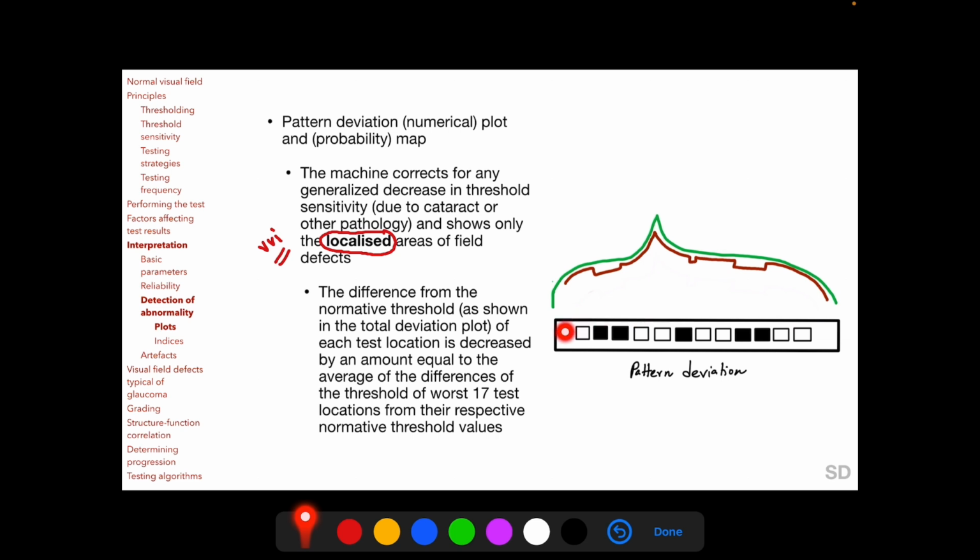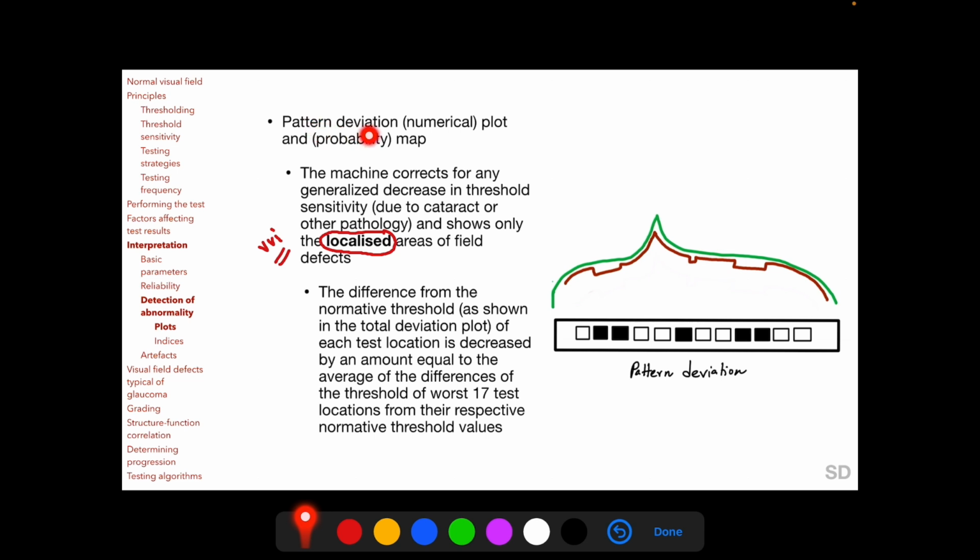So in the pattern deviation plot, only the test locations corresponding to the localized defects in the patient's hill of vision show a threshold sensitivity significantly different from the threshold sensitivity of an age-adjusted normal population. But the other test locations do not, which had shown a significant difference in the total deviation plot.